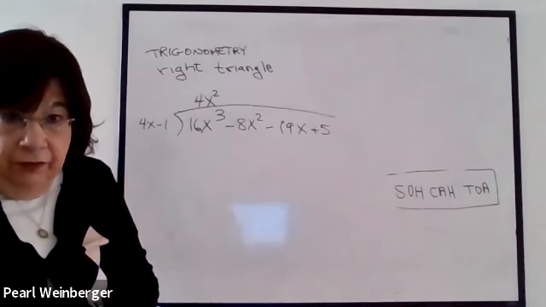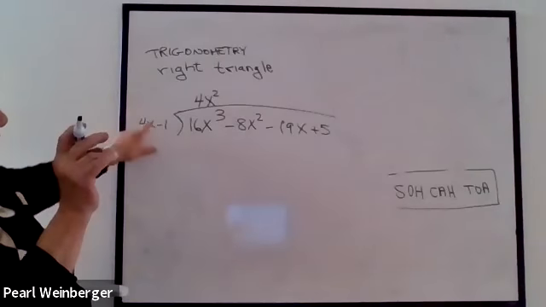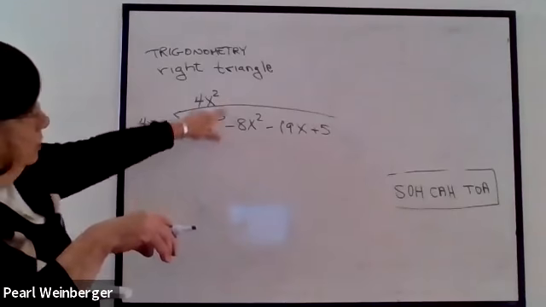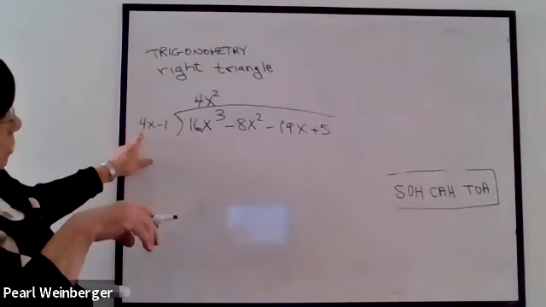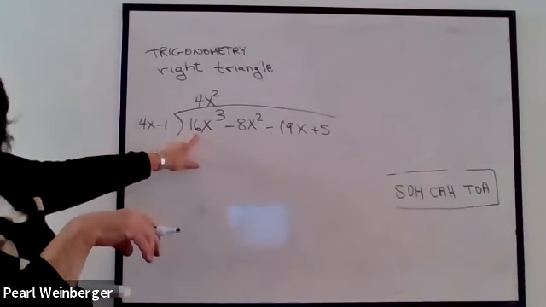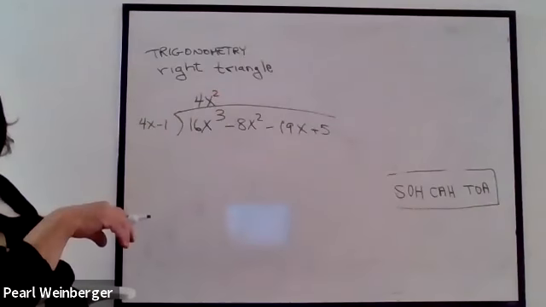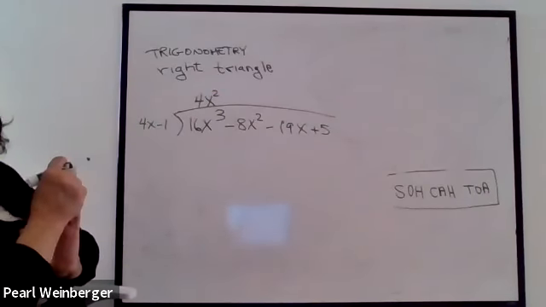Can you repeat that? Take just the first term, the 4x, and divide it into the first term, 16x cubed. I take the 4 and divide it into the 16, and the x goes into the x cubed, x squared. I do the numbers separately and the letters separately.